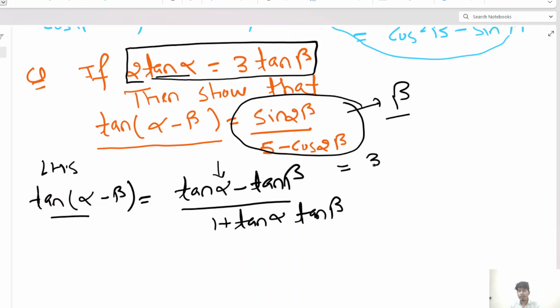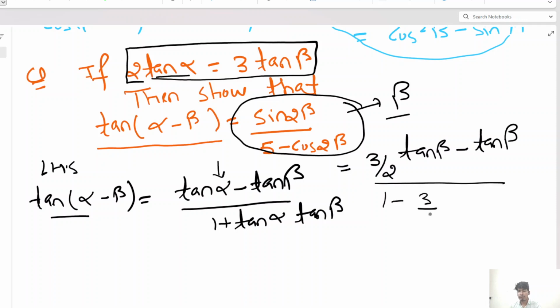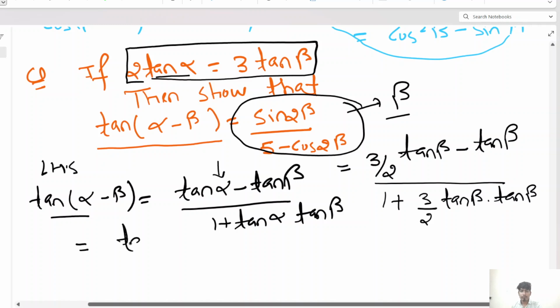Then 3 by 2 tan beta minus tan beta upon 1 plus 3 by 2 tan beta into tan beta. So what we get is half of tan beta upon 1 plus 3 by 2 tan square beta.